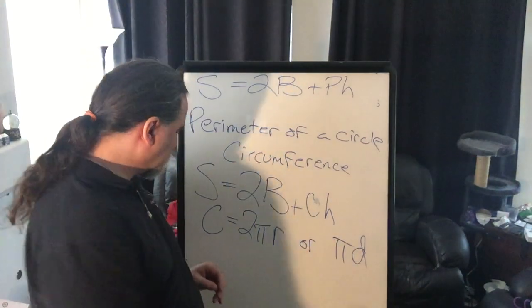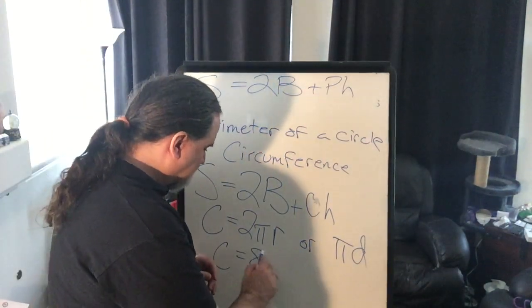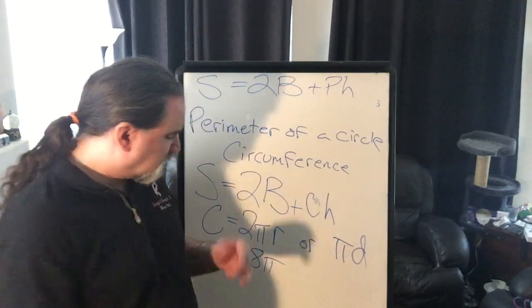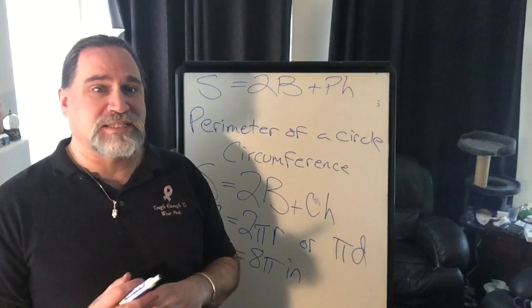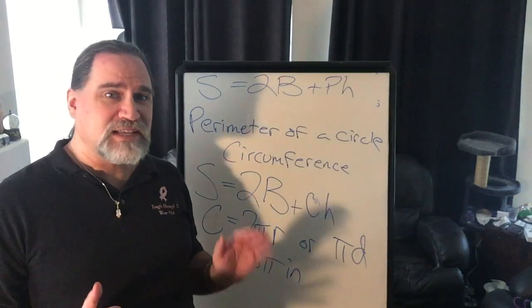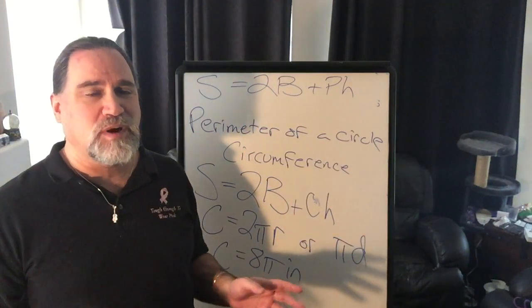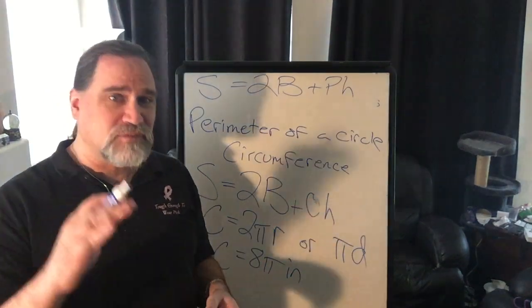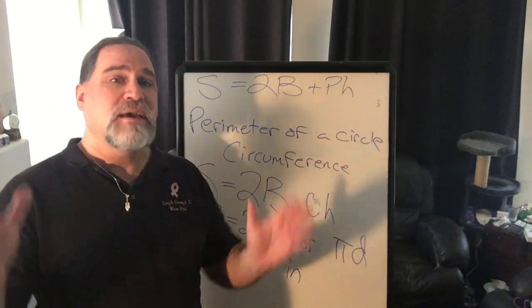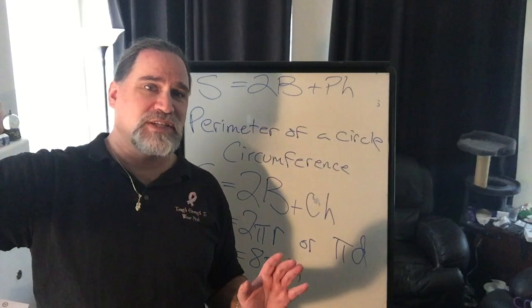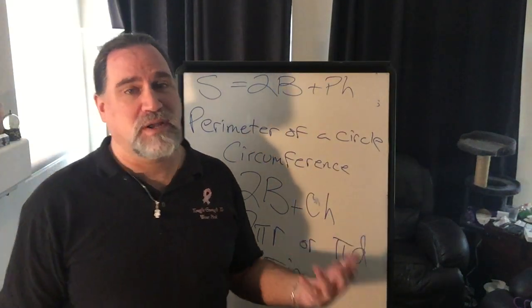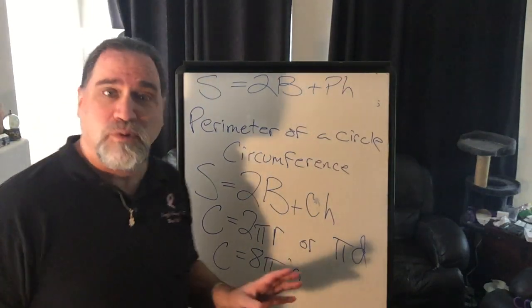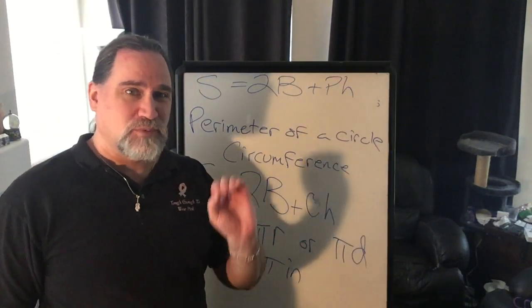If I said the circumference was 8 pi inches, then I'm being exact in my measurement. If I multiply that by 3.14, now I'm being approximate because I've taken a number, pi, and cut part of the decimal off and then multiplied. So I've rounded it, and now I'm not exact any longer. And I never want to do that. I always want to be exact when I can be exact.